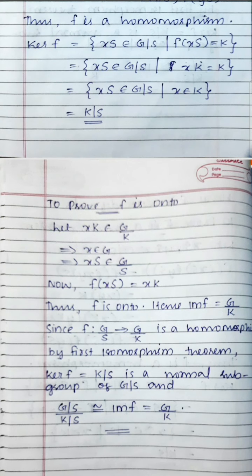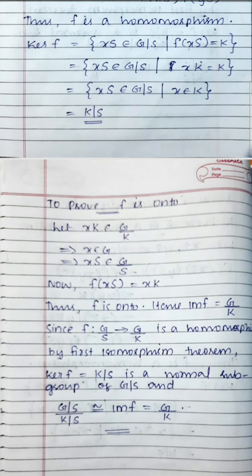So now it's remaining to prove that f is onto. For that, I am taking an element xk from the codomain of the function, that is g by k. So x belongs to g, then correspondingly xs belongs to g by s. The image of xs under f is nothing but xk, so the function is onto.